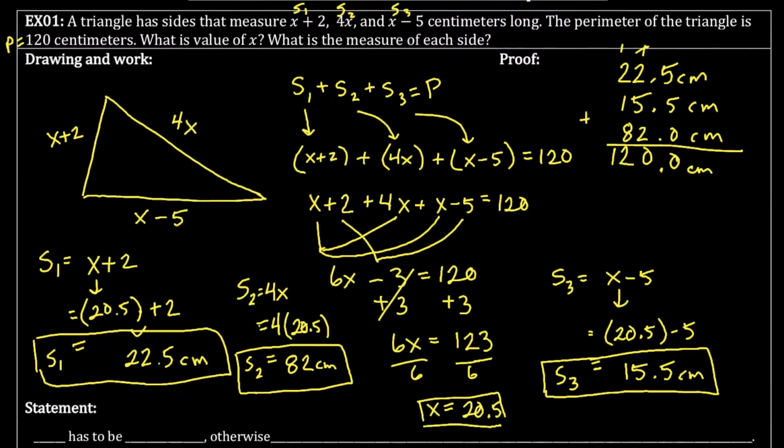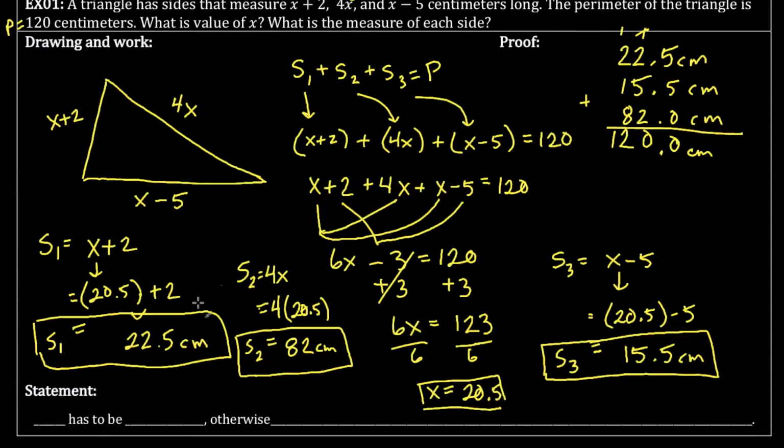Now let's make a statement. So what's the value of x? What is the measure of each side? So x has to be 20.5. Otherwise, this relationship that we're talking about, these three sides adding up to 120, wouldn't exist.